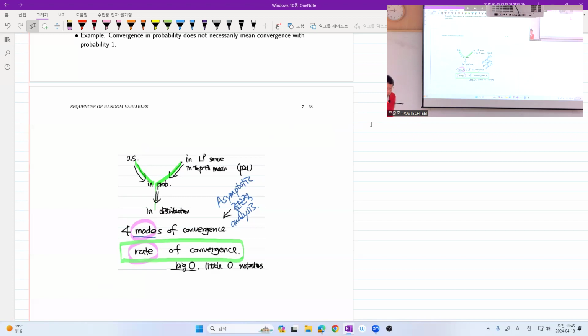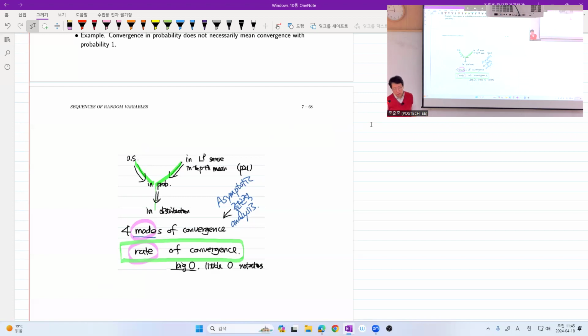By the way, I also told you that when we approximate a function using a sequence of functions, or approximate a random variable using a sequence of random variables, just showing that it converges is sometimes not enough. We need to find the upper and lower bounds. In that case, as n tends to infinity, you want to show how fast the gap diminishes.